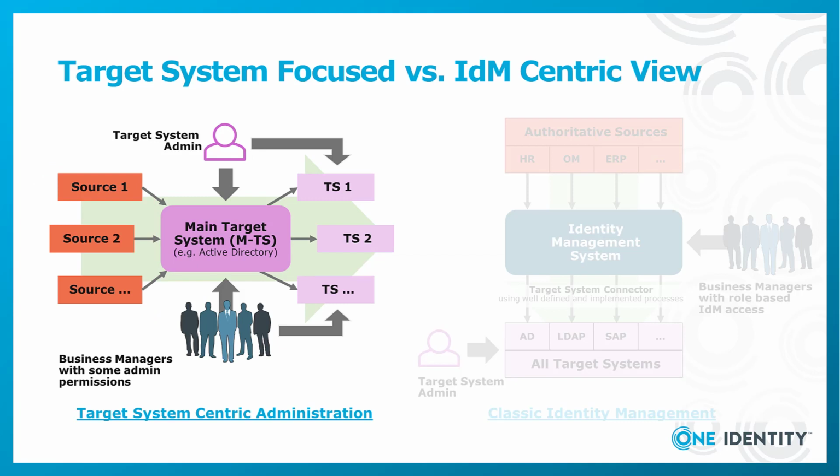This specific target system is then used to authenticate the users and sometimes as well to manage a few other connected target systems, depending on connector software you have installed in these systems.